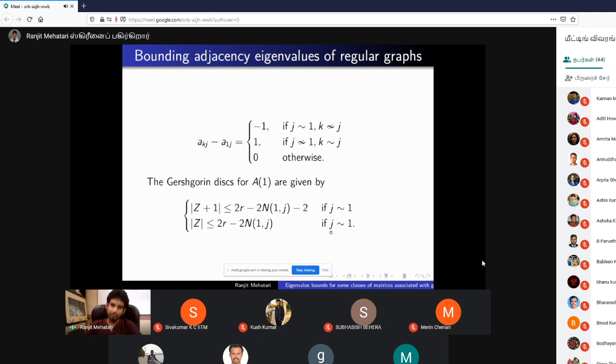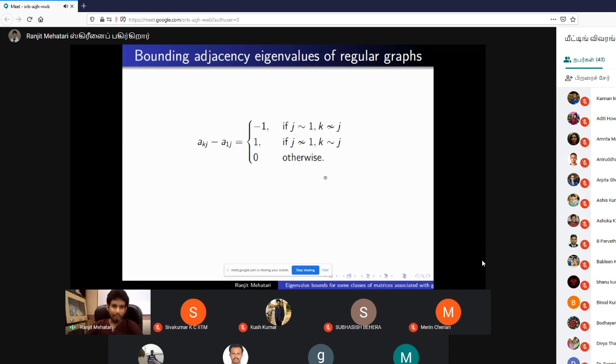Now for the second case, the disk is centered at 0, and that occurs when j is not connected to 1. In that case we get the disk |z| less than or equal to 2r minus twice n(1,j), where n(1,j) denotes the number of common neighbors between the vertices 1 and j.